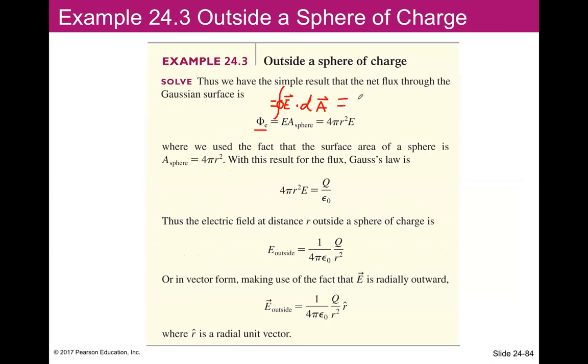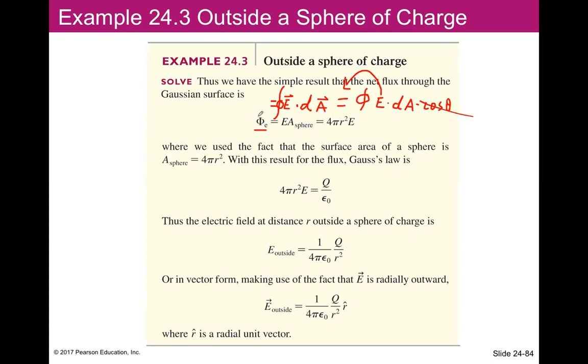Then it equals the surface integral of scalar E, scalar dA, cosine theta, and cosine theta, as we discussed, is 1, so it can be ignored. Then it becomes E and dA. E is a constant, you can take it out, and then it becomes the integral of dA, which is the surface area A shown here, 4 pi r squared.